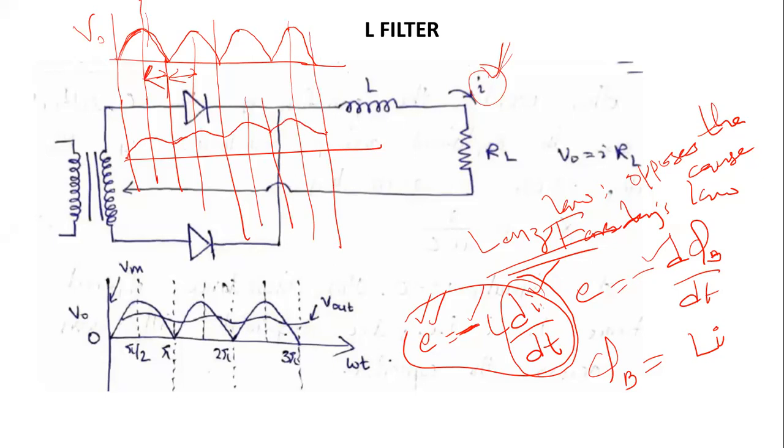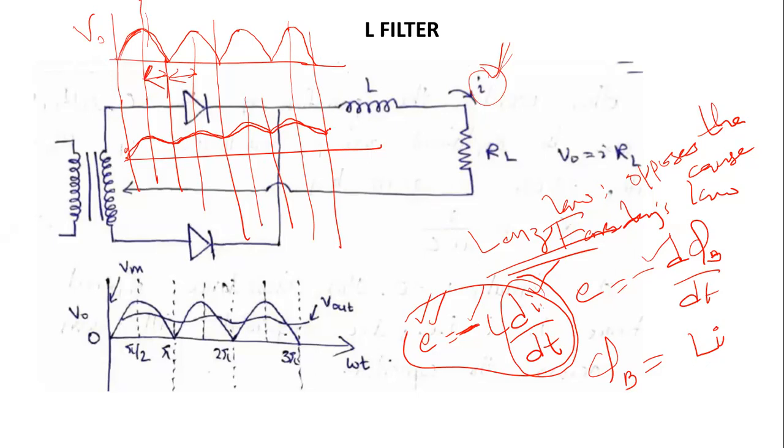As you see, the output of the filter circuit flattens the signal, the output of a rectifier. It flattens the waveform of the rectifier output.